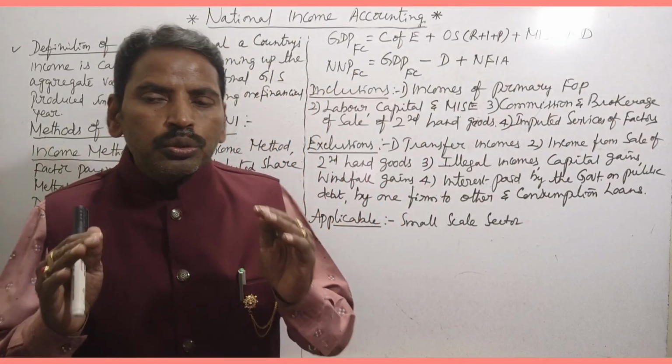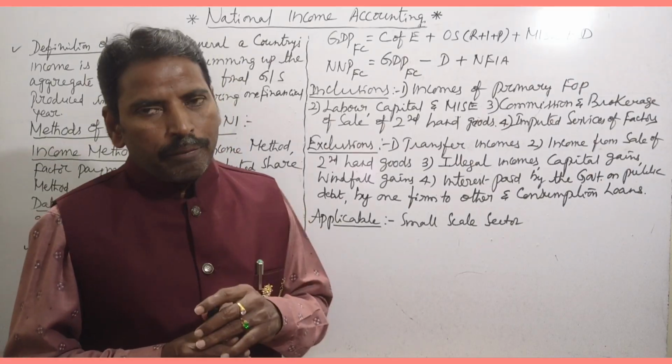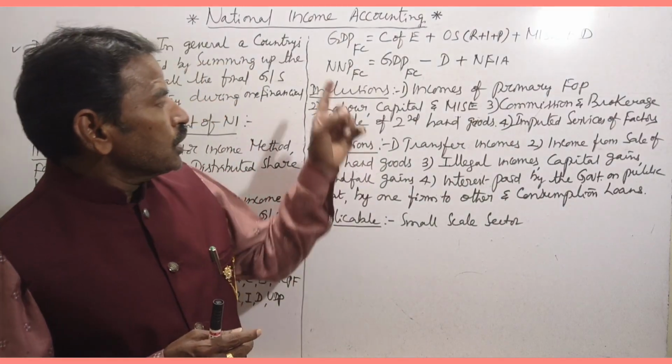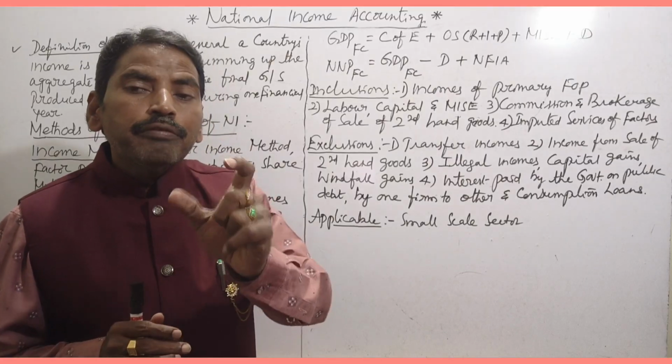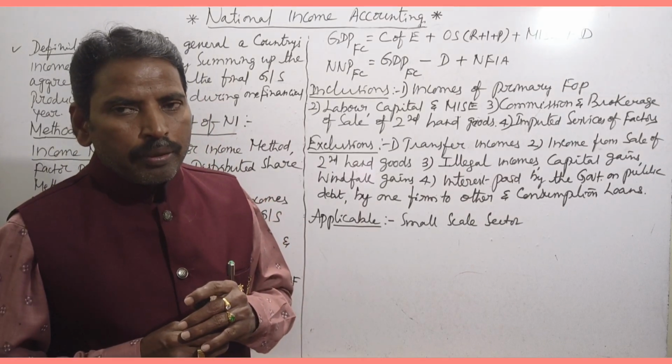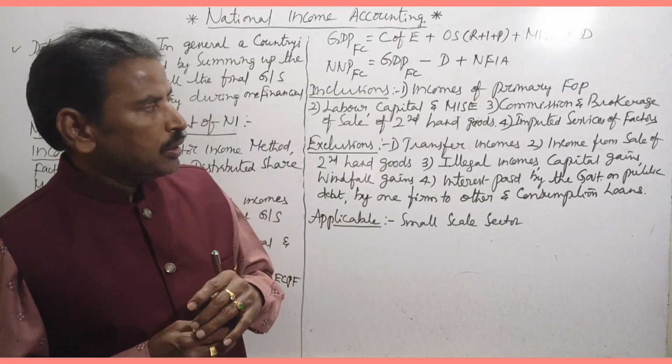Next, how to calculate national income through the income method. First, we have to calculate GDP at factor cost.